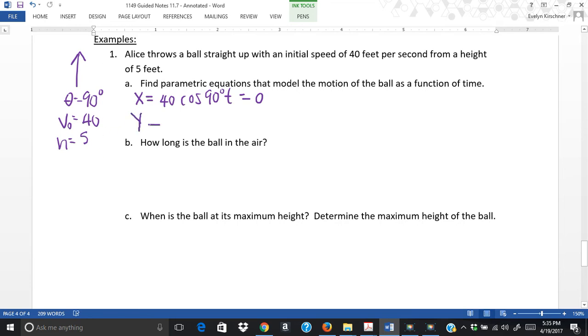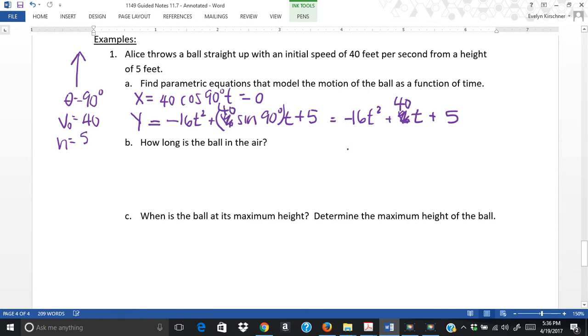And y equals, we're working in feet, so it's going to be negative 16t squared plus V naught sine 90 degrees t plus my initial height 5, and that becomes negative 16t squared. 90 is 1, so plus V naught t plus 5. Oh, sorry, V naught is 40. Forgot to plug it in. So it's negative 16t squared plus 40t plus 5.